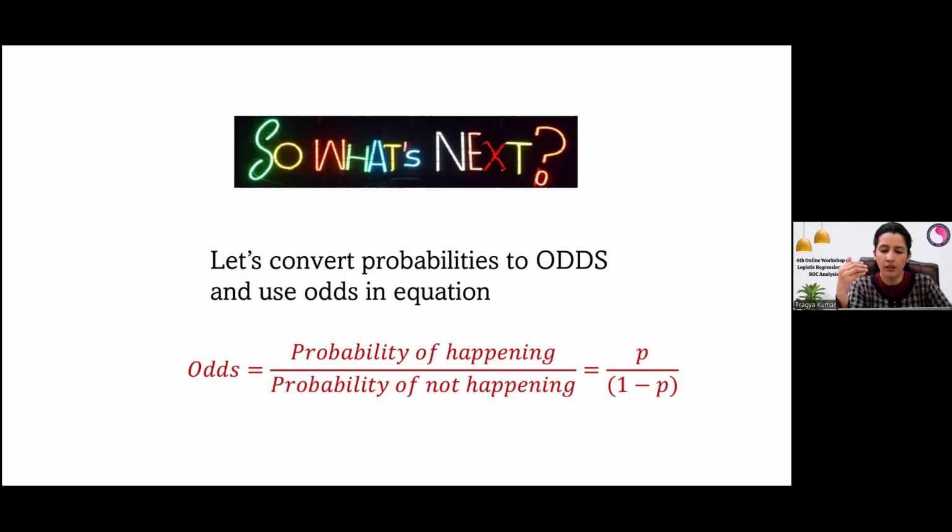So we can convert it using this formula, where odds is equal to P by 1 minus P. That means odds is equal to the probability of something happening, and in the denominator we take the probability of something not happening.